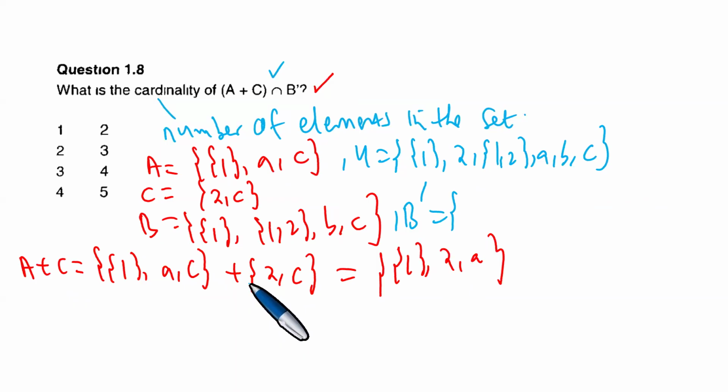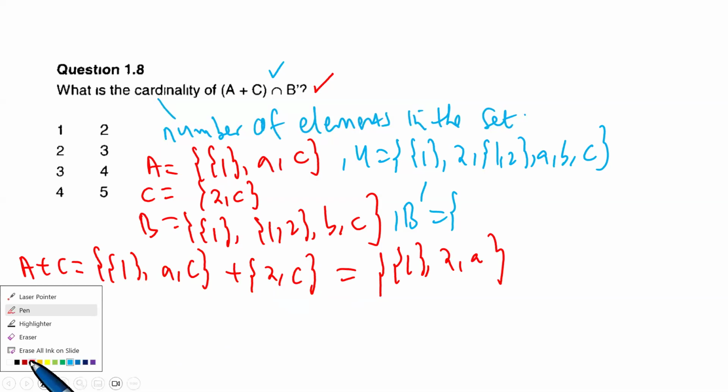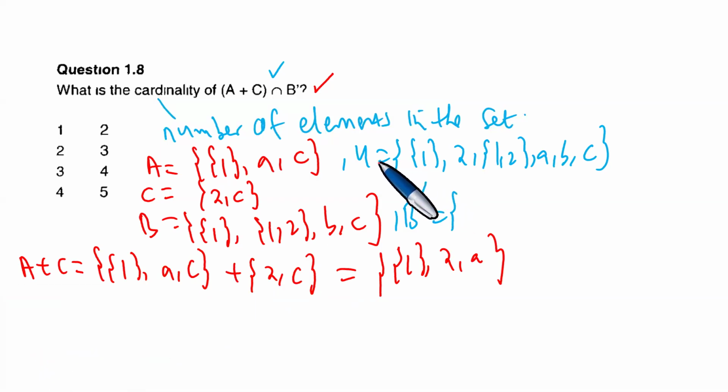So what is B complement? We go straight to the U, and looking at the U, we cross out the elements that are there. To find B complement, 1 is common, so we remove it. Then we have the C, we remove it. We have the B, we remove it because it's there. We removed 1, we removed B, we removed C, we removed 1, 2. And then we have 2A.